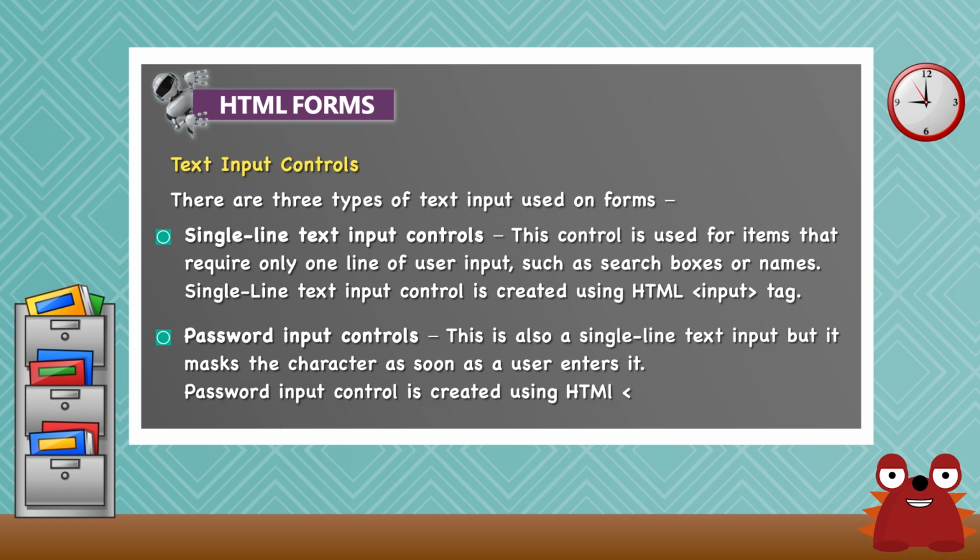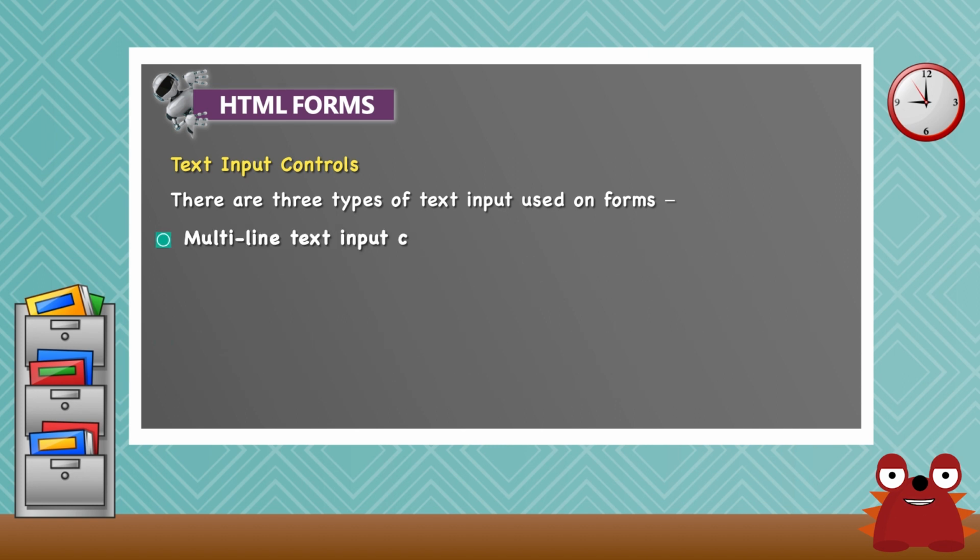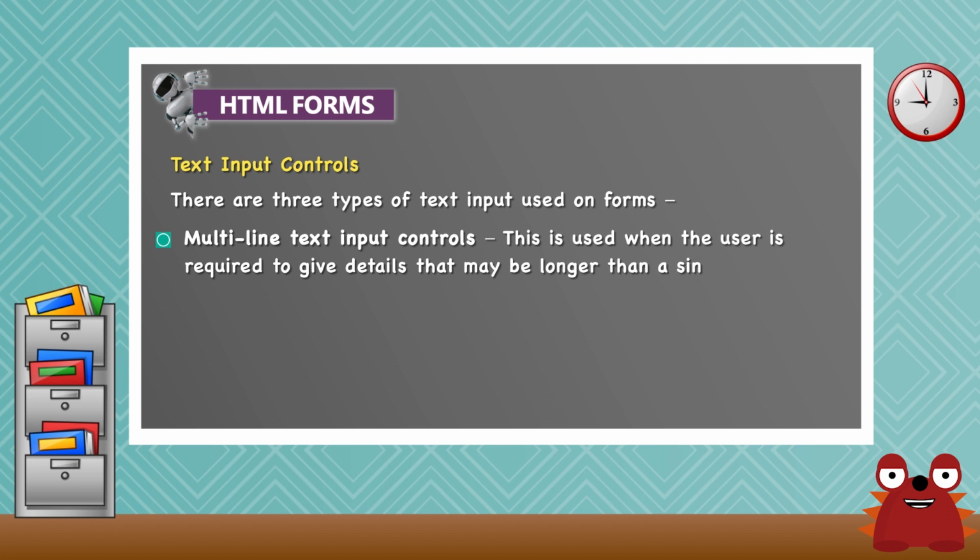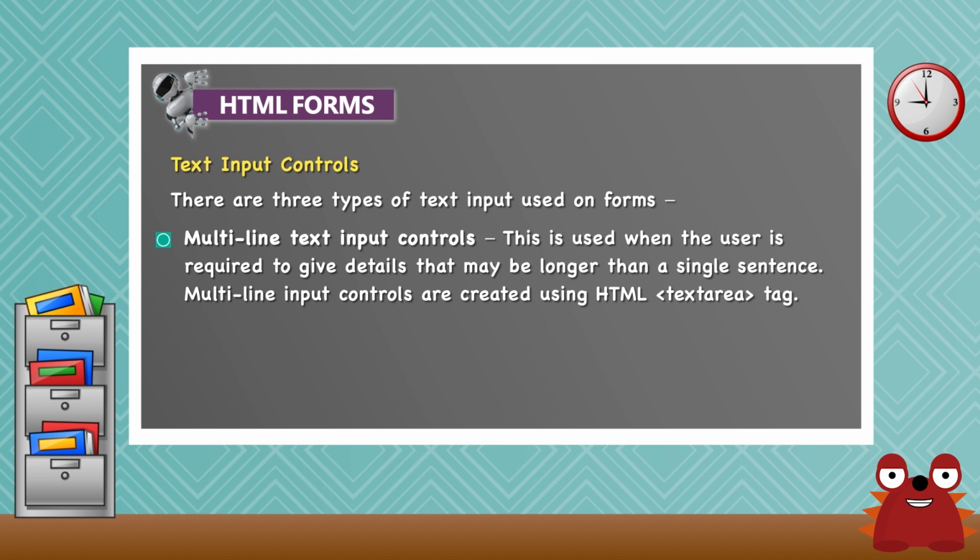It is also created using the HTML input tag. And now, multi-line text input controls are used when the user is required to give details that may be longer than a single sentence. Multi-line input controls are created using the HTML textarea tag.